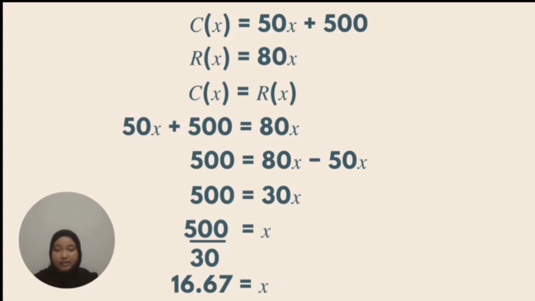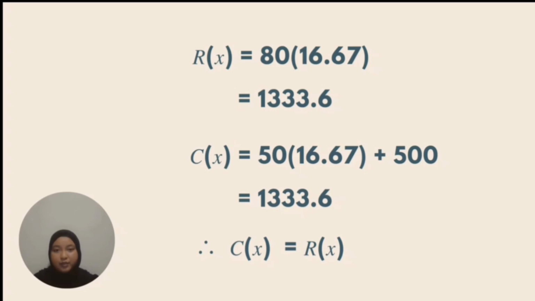So here is the answer for the units that must be sold. So we substitute the units that must be sold into the revenue function and cost function, and we have the answer 1,333.6. So here is the break-even point.